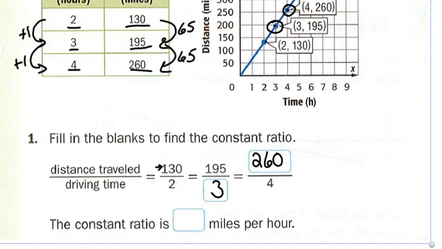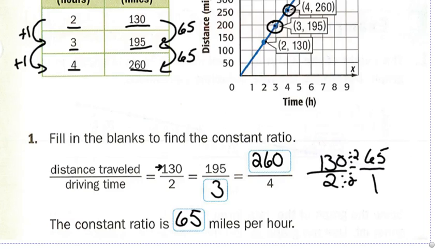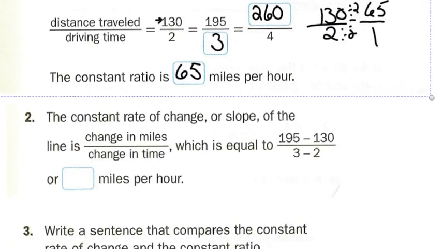So our change is 65 miles per 1 hour. And we could have done that also by taking any one of these points and simplifying them. Divide by 2, divide by 2, 65 miles per hour. So that was our constant ratio.